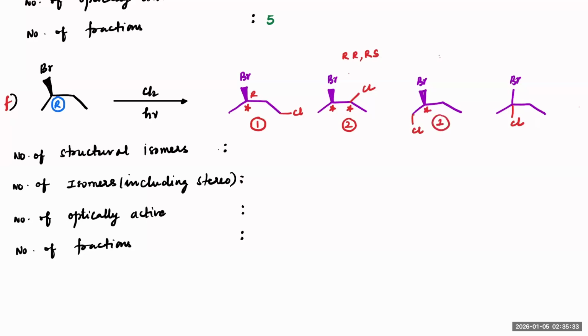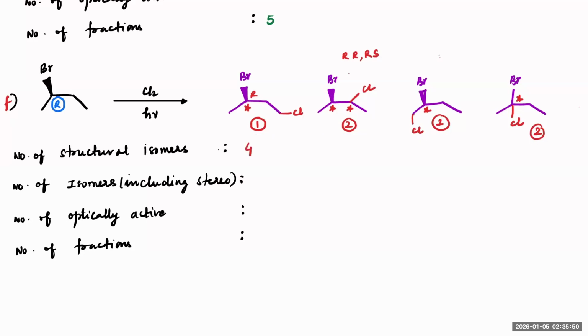Here there is no fixed chiral center, so now this time I'll count it as 2. Got it? Now notice one thing here. Clear? So how many structural isomers we got? 1, 2, 3, 4. So 4 structural isomers we got.